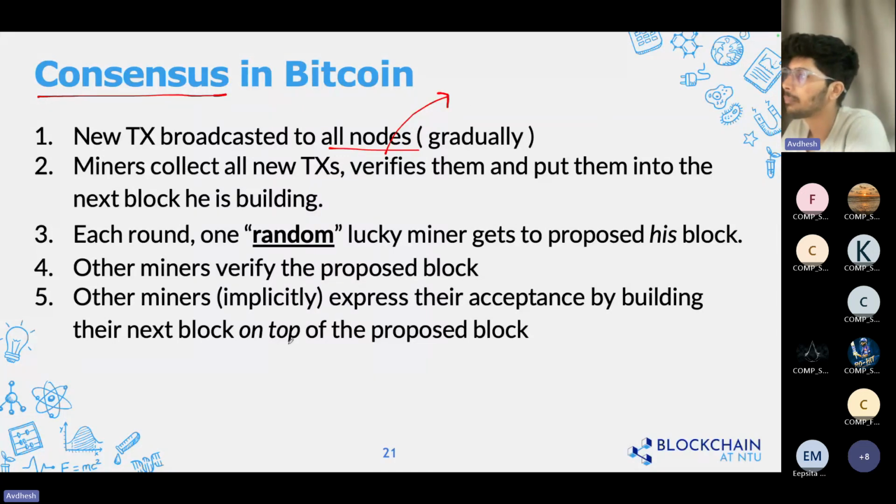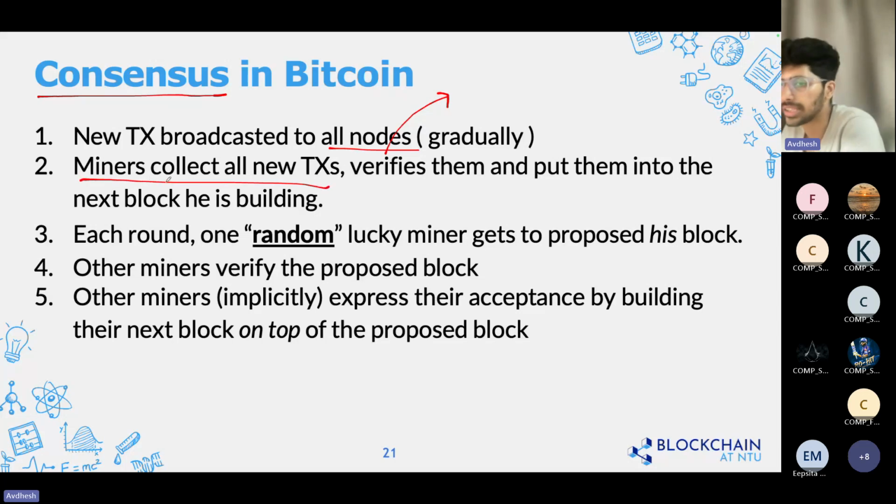In that, the miners who are closest to Alice's local computer will search for her transaction. The logical part I'll explain later. But the geographical part is that whoever is the closest node to Alice will pick up the transaction and do the verification on that.